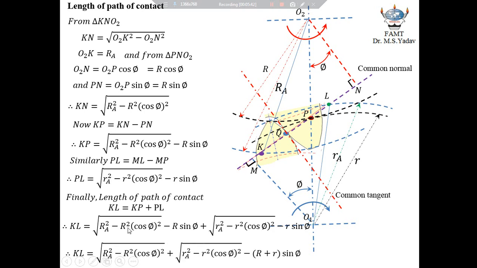Rearranging the terms, finally we can write the expression for KL as square root of capital Ra square minus capital R square cos square phi plus square root of small ra square minus small r square cos square phi minus capital R plus small r sin phi. This is the expression for length of path of contact.